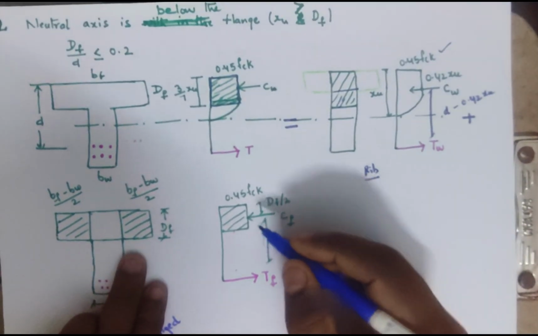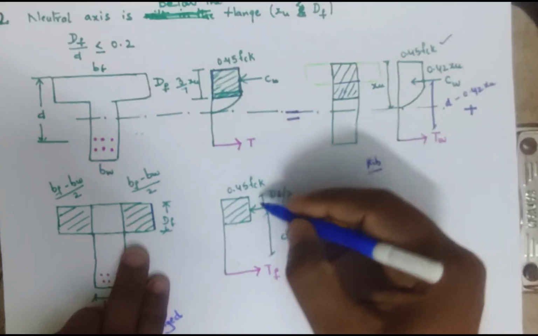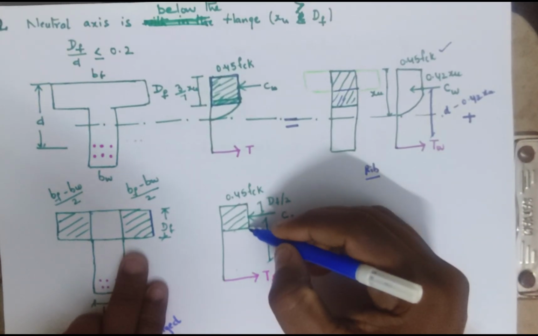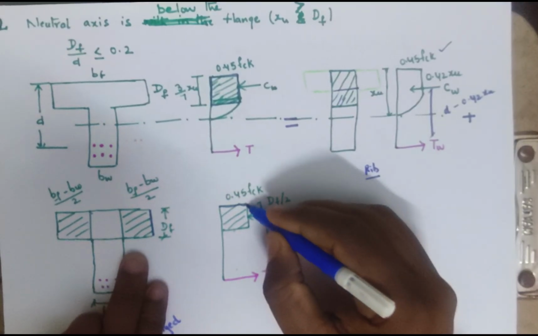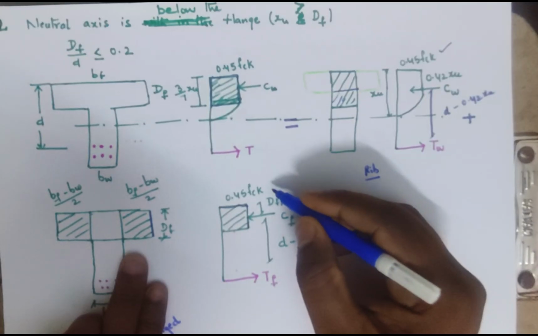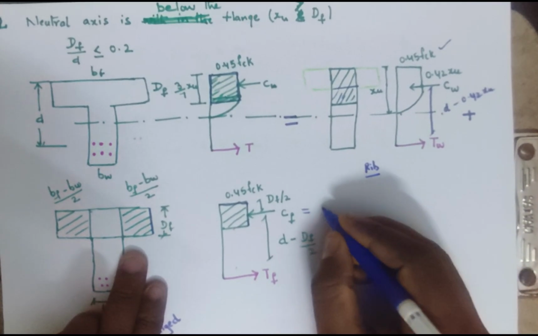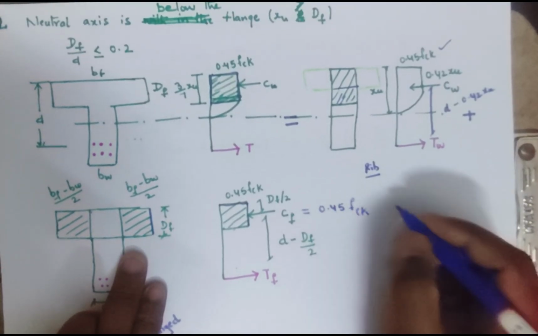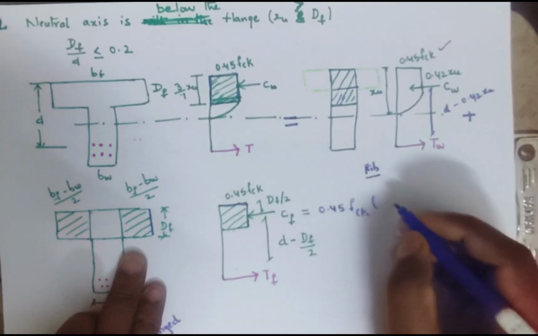Now here the complete depth has reached the 0.45 fck stress. Okay, 0.45 fck, complete depth reached. That's why CF will be 0.45 fck multiplied by the area of this portion, right?